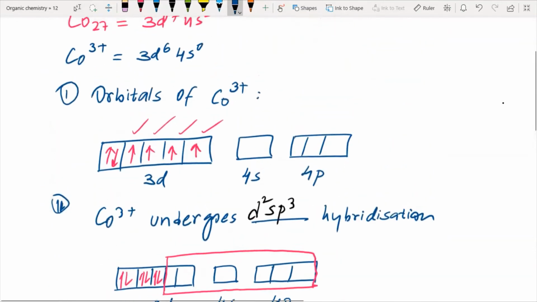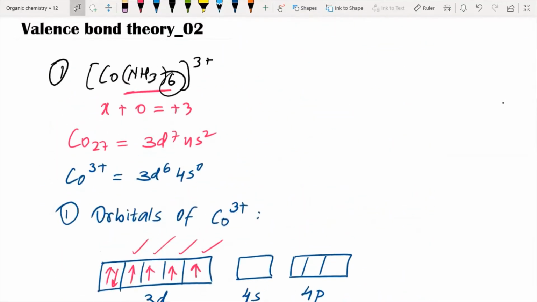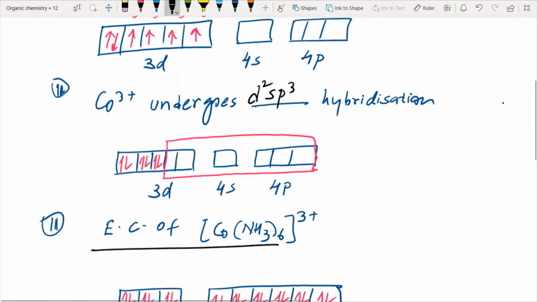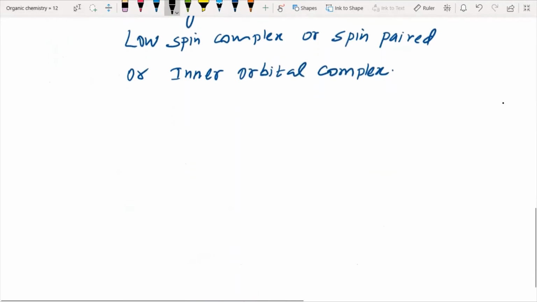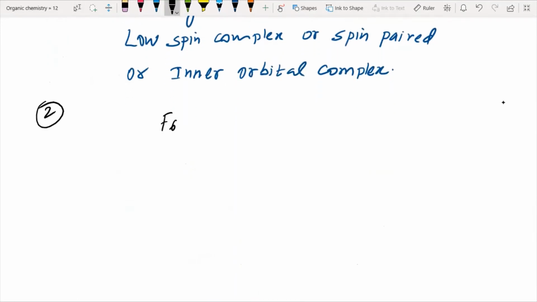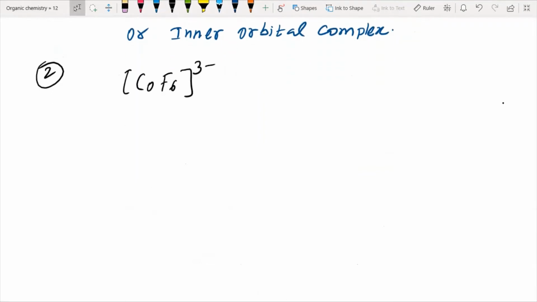As we saw in this example of cobalt with a strong field ligand, now we'll see another example, that is hexafluorocobaltate 3 ion. For this, we'll try to write the valence bond theory.